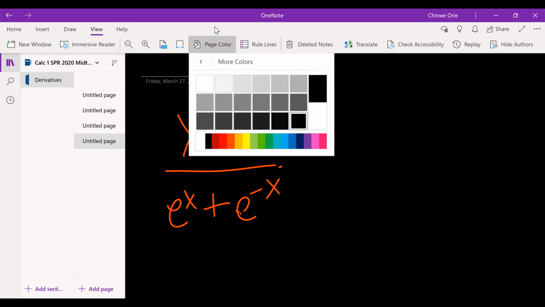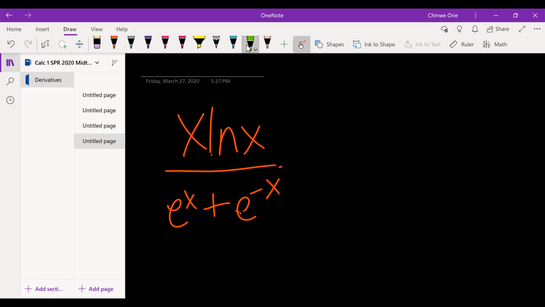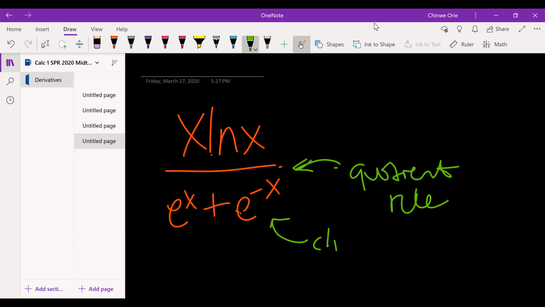A quotient rule and also chain rule. We're going to have a chain rule with the e to the negative x. What other rules do we have to employ? Product rule. You look here, you've got x ln x. That's going to be a product rule.